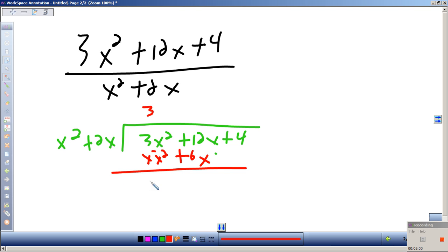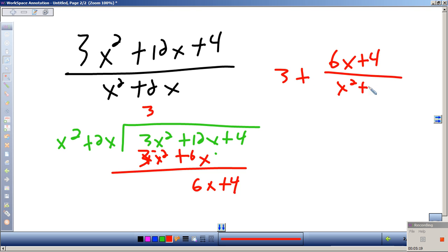Subtract. It's 3x squared there. So we get 6x plus 4. Since we didn't have any x's here, and there's nothing we can multiply x squared by to get here, we're going to go 3 plus 6x plus 4 over x squared plus 2x.